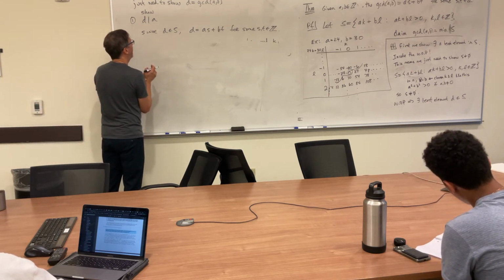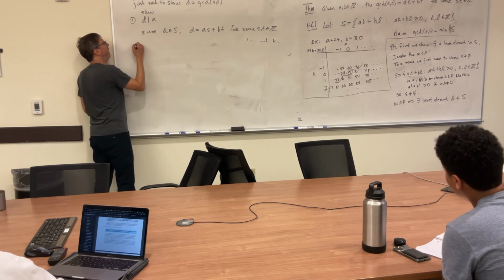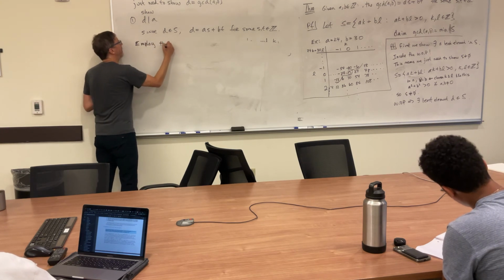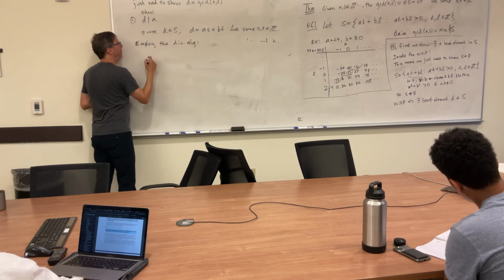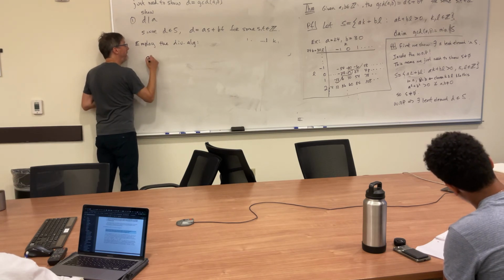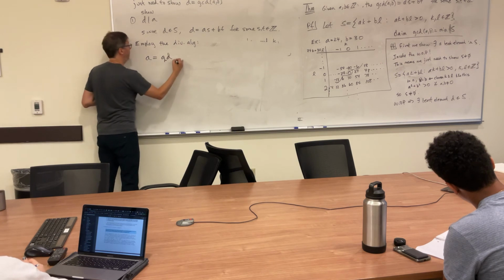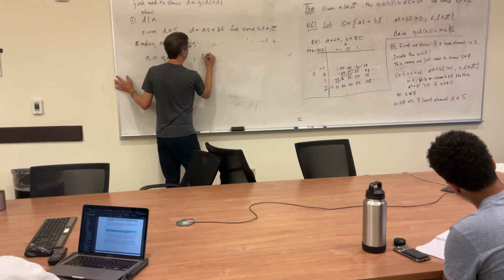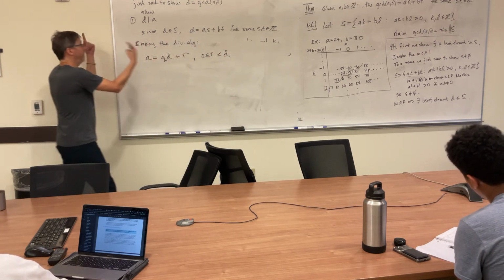Okay, so to show D divides A, let's employ the division algorithm. So that would mean if I divide A into D, A is equal to some multiple of D plus a remainder. And that remainder is non-negative and less than D, the thing I'm dividing by.